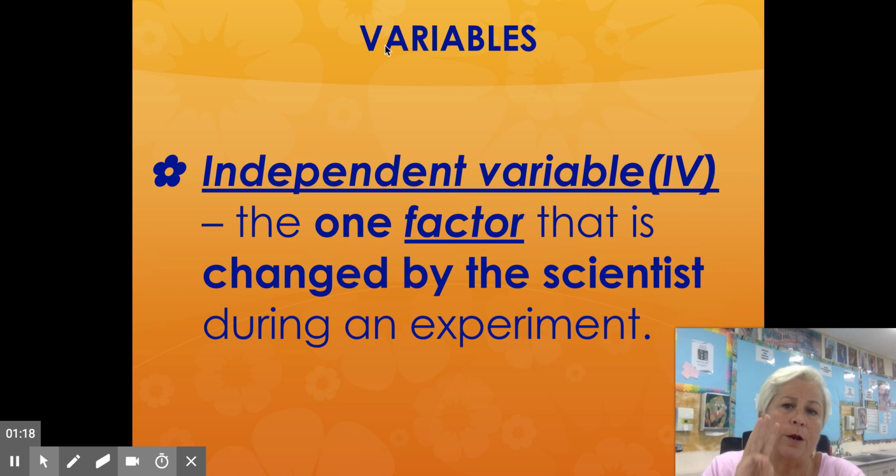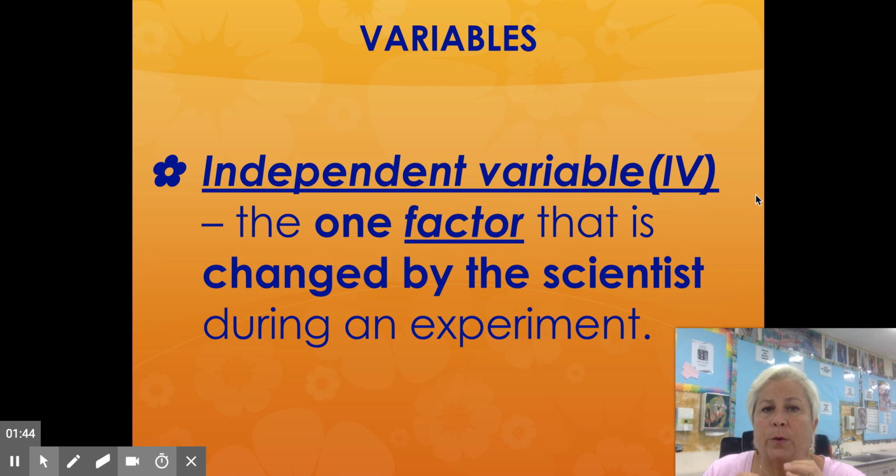Okay, and there are 3 categories of variables. The first one is the independent variable. We often just abbreviate that with IV. So you see here the capitalized IV, that stands for independent variable. Now, the independent variable in an experiment is the one factor that the scientist changes.